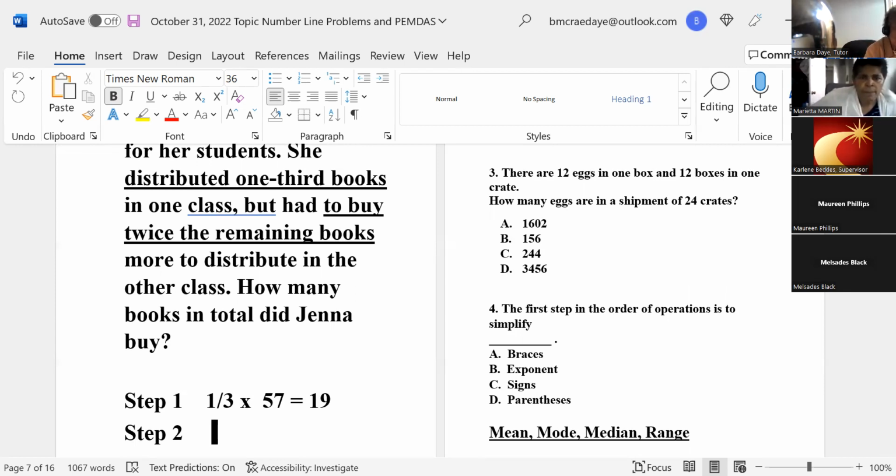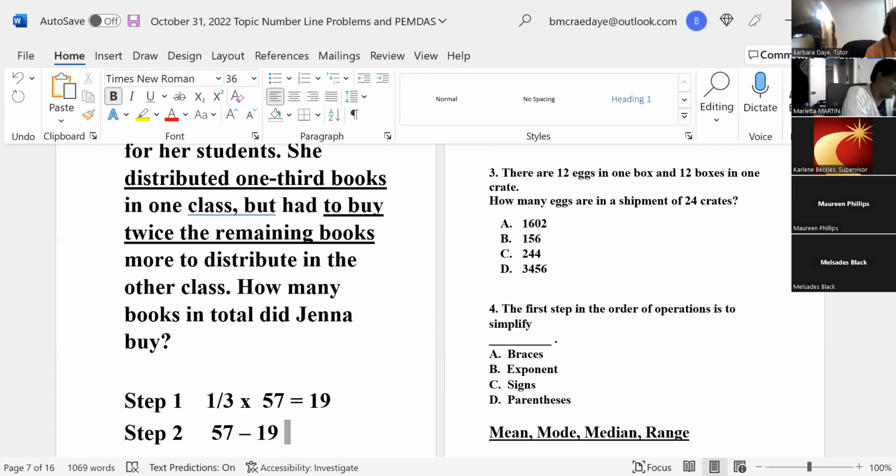So what's remaining, Marietta? How would you find that? Remaining means you're subtracting something. So what do you subtract? 19 from 57. That's it. You subtract 57 minus 19. That's how you get the remaining.